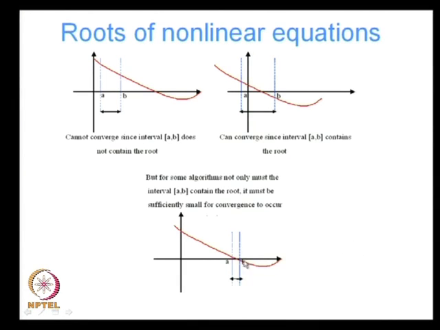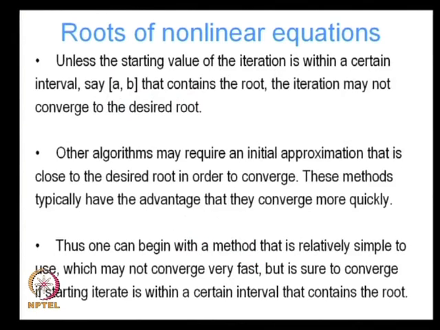So the most efficient methods work best near the root. Unless the starting value of the iteration is within a certain interval a b that contains the root, the iteration may not converge to the desired root. Other algorithms may require an initial approximation close to the root in order to converge. These methods typically have the advantage that they converge more quickly.